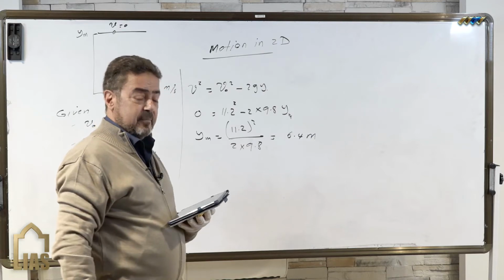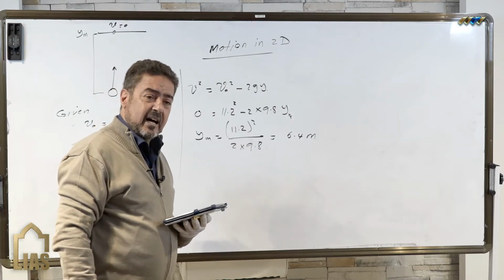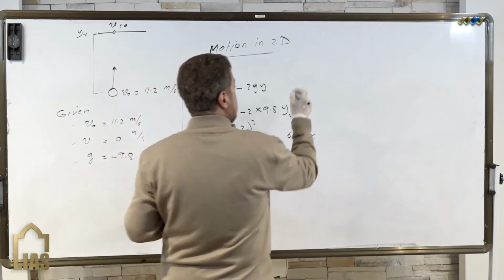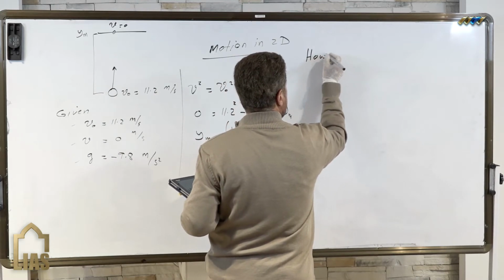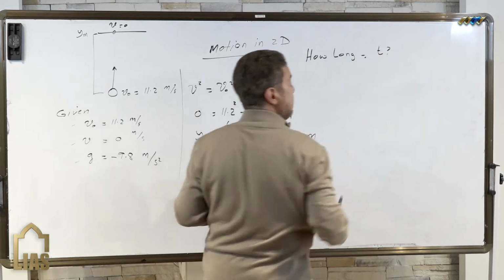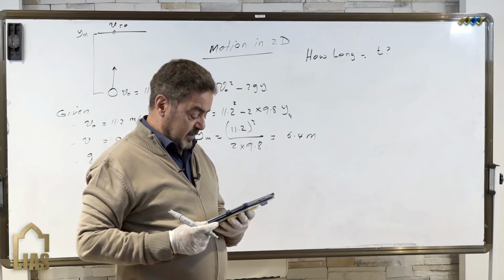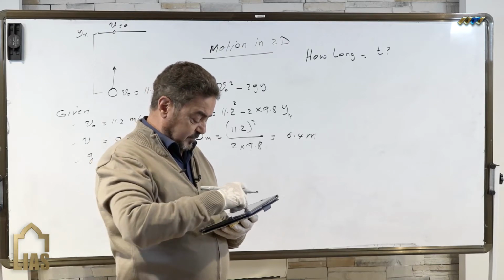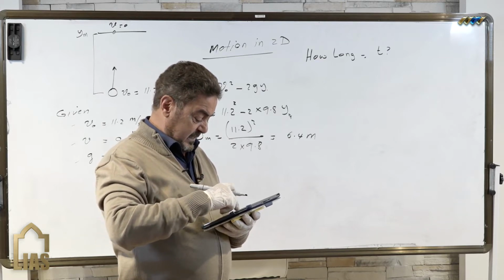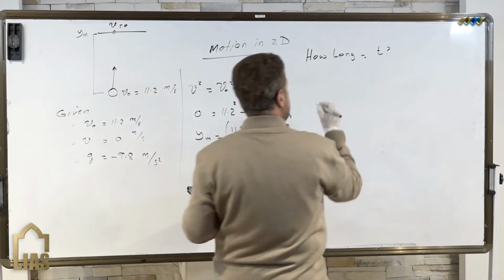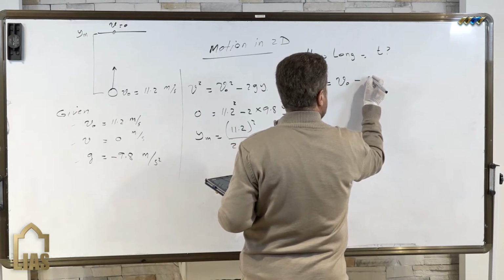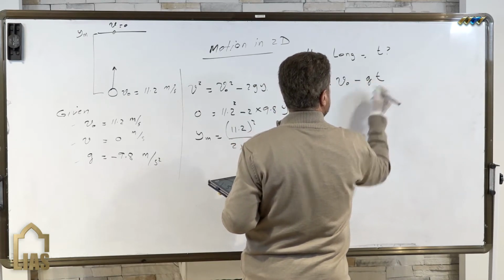Okay. And now what's also asked, how long does it take? The word how long means asking for the time. How long? Be careful, it's not a distance. It's asking for the time. And of course, we'll select the simple equation: V is equal to V0 minus GT.